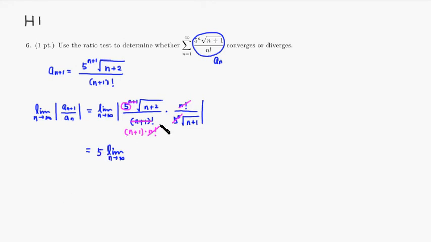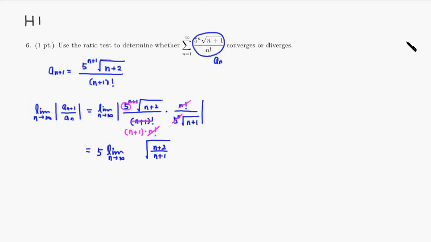Then you have the square root of n plus 2, and there's a square root of n plus 1, so I'm going to write it as one big square root, with n plus 2 on top over n plus 1 on the bottom.